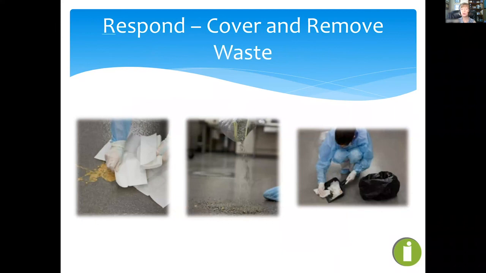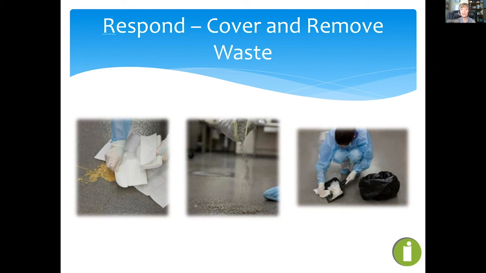Next, we want to solidify the substance. If it is vomit, and we're talking about a vomiting scenario here, that's where you would use that cat litter or absorbent powder to cover that with, so it's making it a little bit more solid, or you can use paper towels if you don't have that.